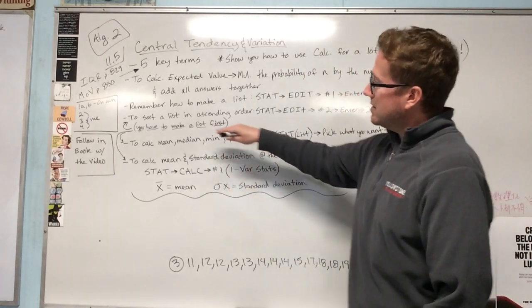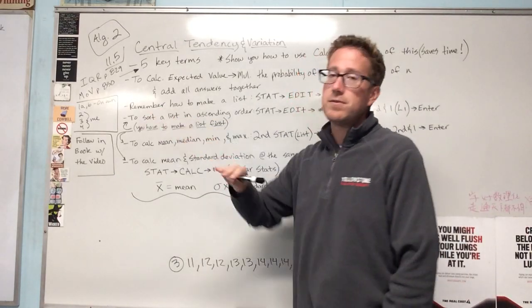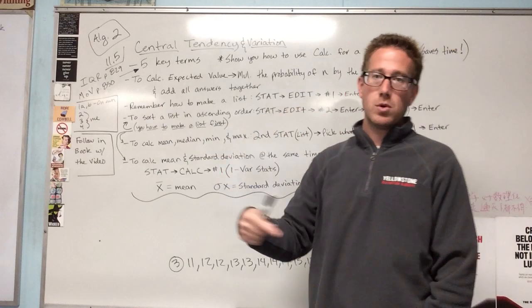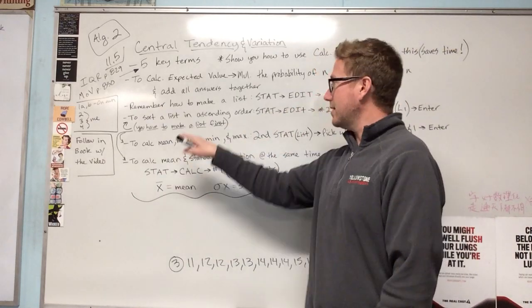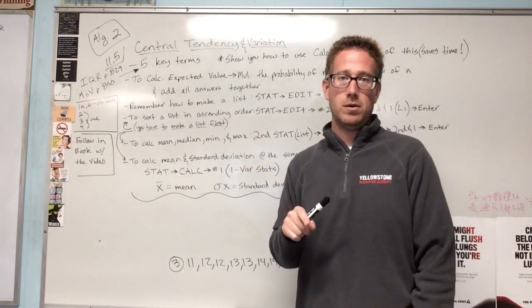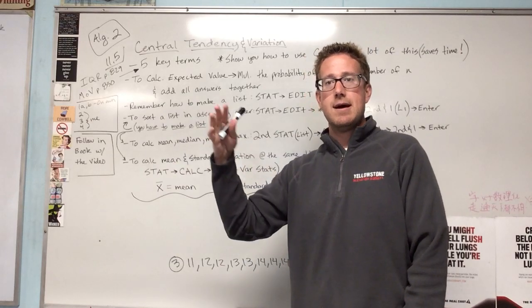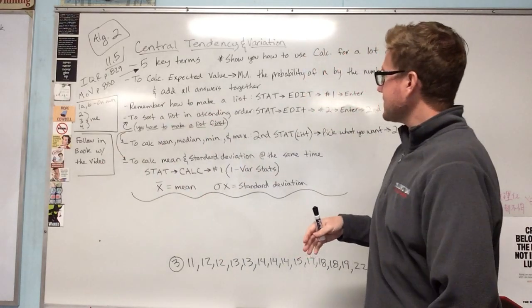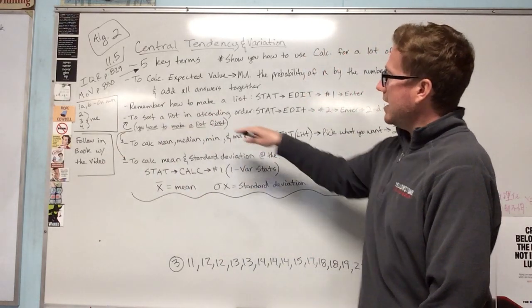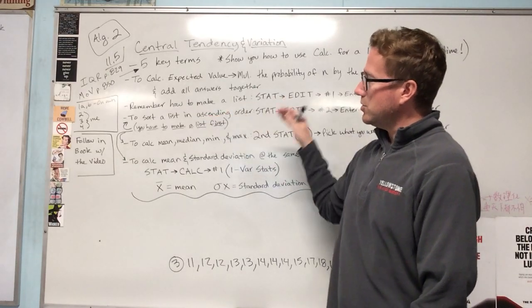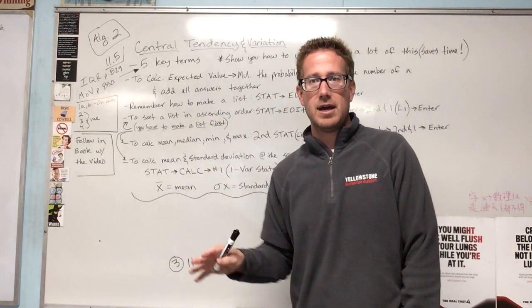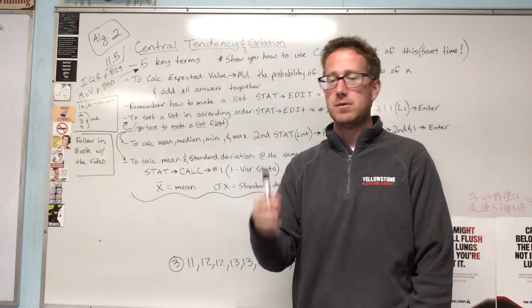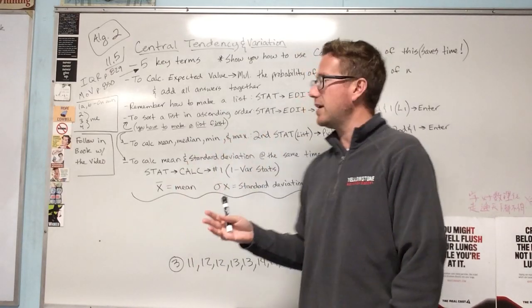All right? Now this next thing is just a helpful tool to help sort your list in ascending order, okay? Smallest to biggest, all right? Ascending order is usually what you're going to have for finding the mean or the median, the mode, all that stuff. It's going to be very helpful.